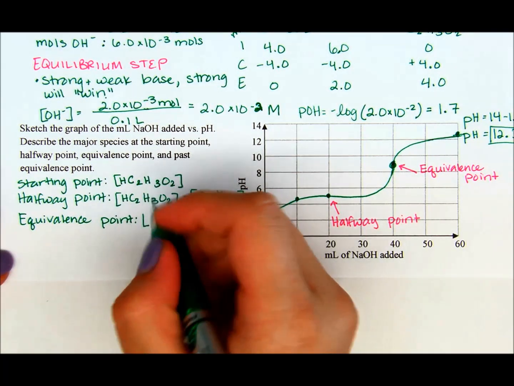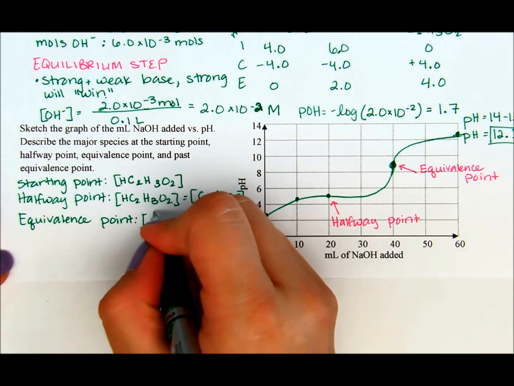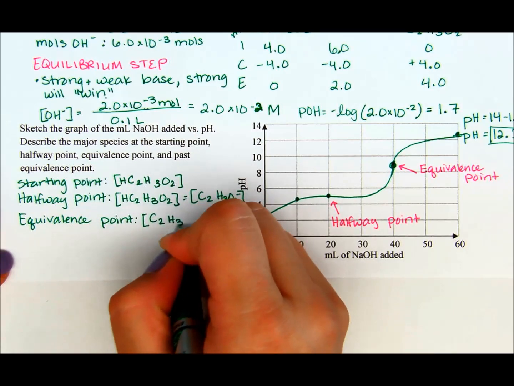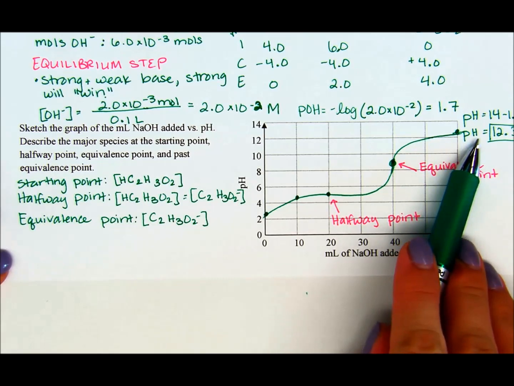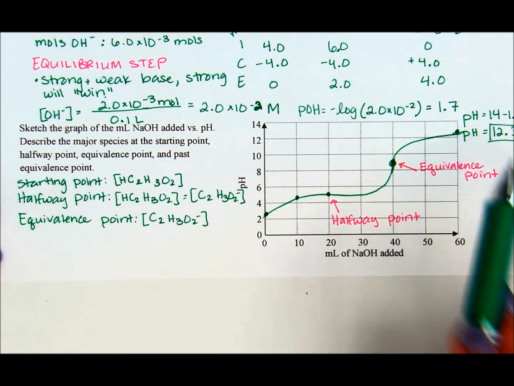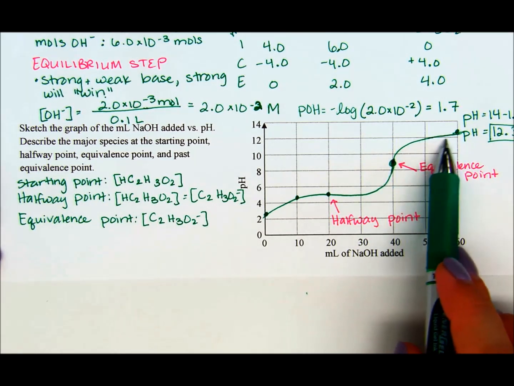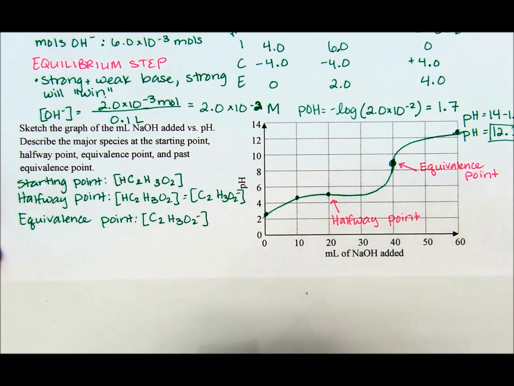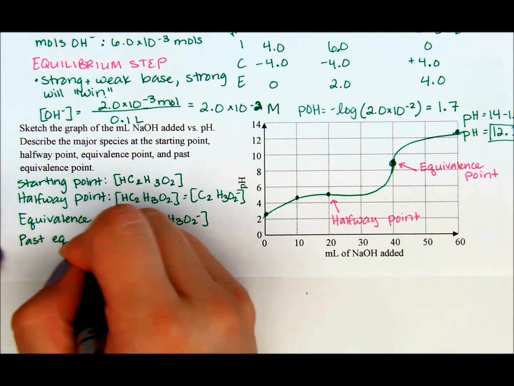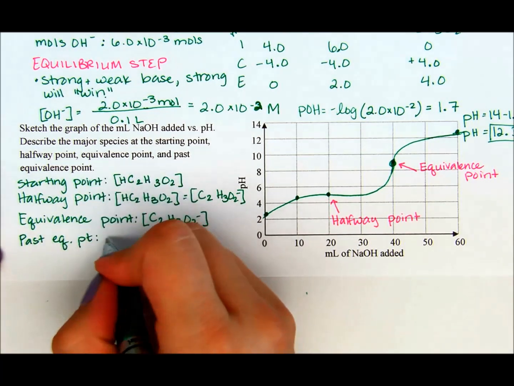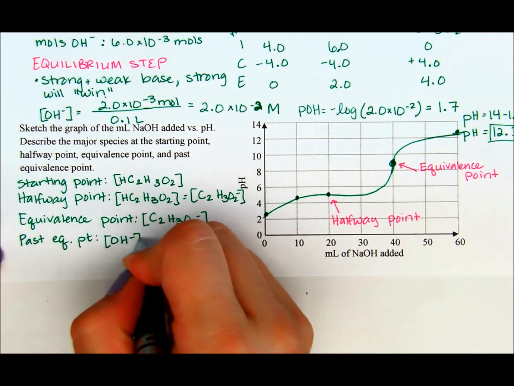And so the only thing we have there is the conjugate base. And then past the equivalence point, the only thing that's going to end up determining our pH at that point is just the concentration of hydroxide. So basically at this point we're just adding hydroxide because there's no more acid. So past the equivalence point, you just have hydroxide ions.